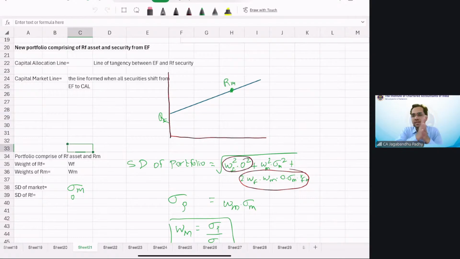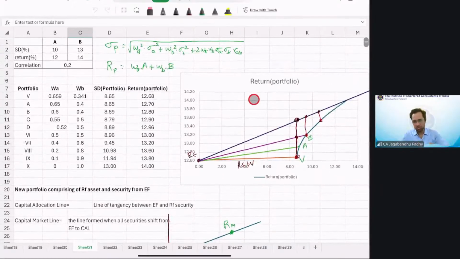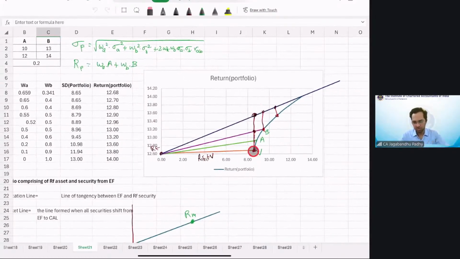So what we generally see is that if we have this particular frontier as an efficiency frontier, and if I consider having a risk-free security also in our portfolio, so now we are faced with a situation wherein I can actually combine this risk-free security with any of the securities on the frontier.